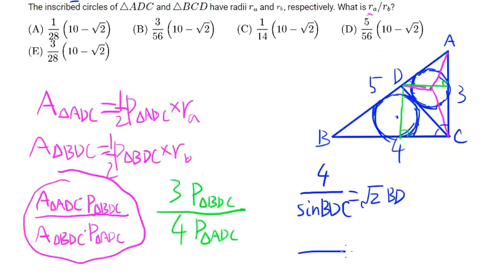Similarly, we have 3 divided by sine ADC equals root 2 times AD.